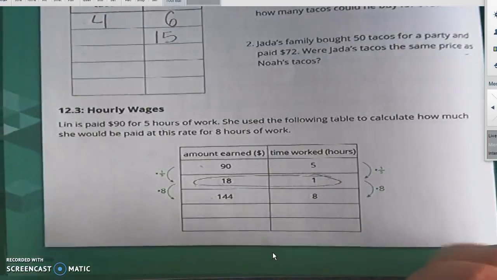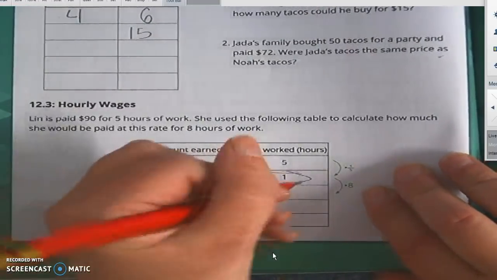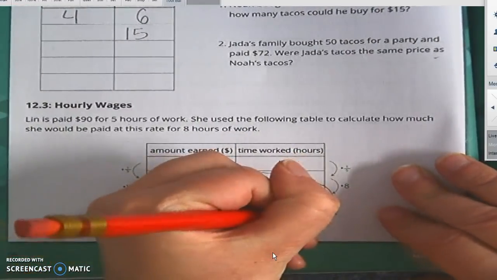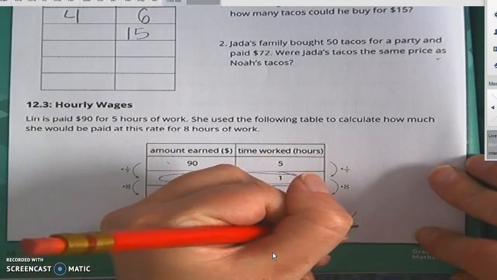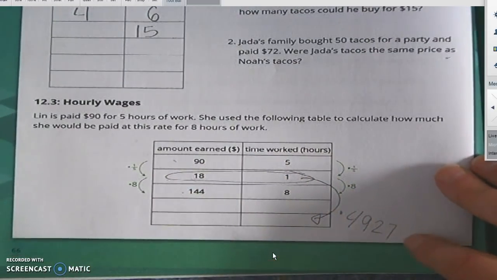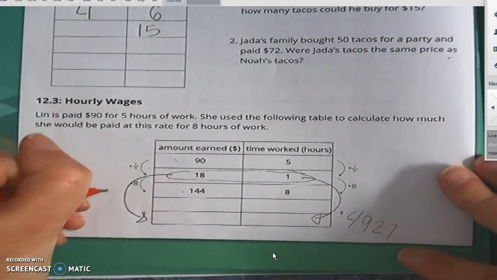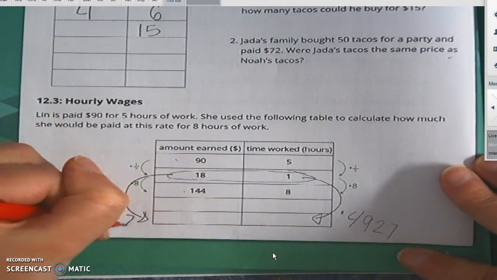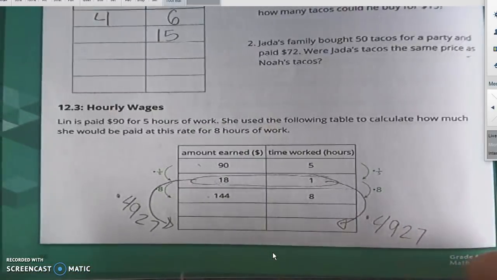If I suddenly asked you, well, how much would she get paid for 4,927 hours? Well, we could do times 4,927. And then over here I could do 18 times that same number and figure out how much money she made.